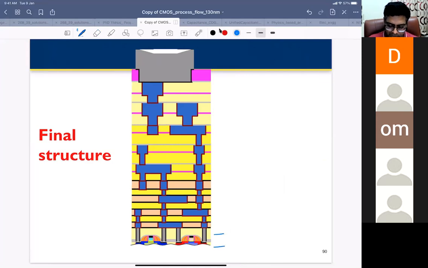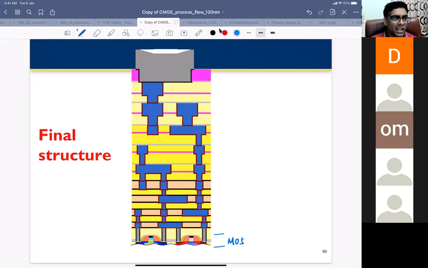Down below we have your MOS transistor. This is a stack, so you can look at it as a multi-story building. The ground floor is your transistor. Your active devices, whatever you fabricate, transistors, capacitors or resistors, are all on the ground floor.